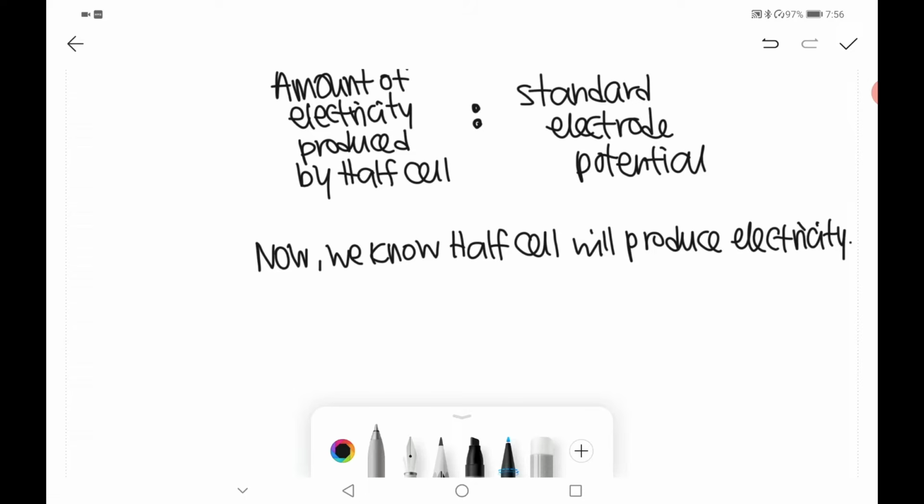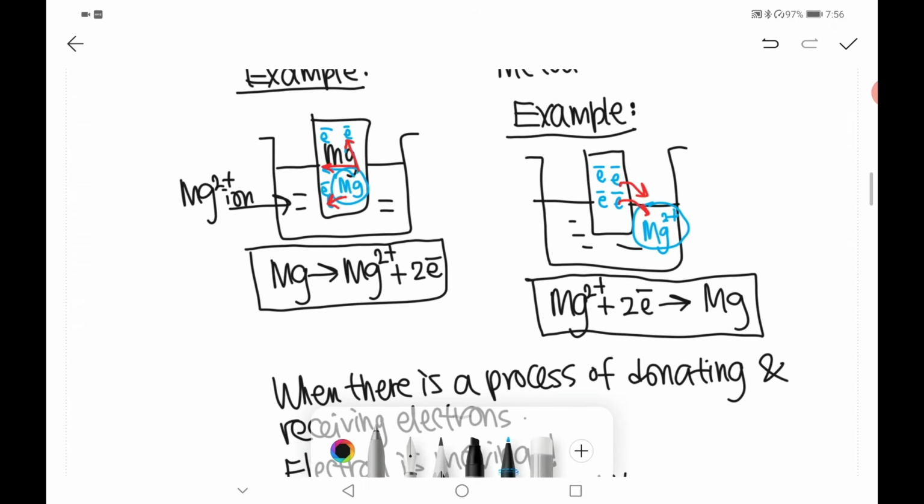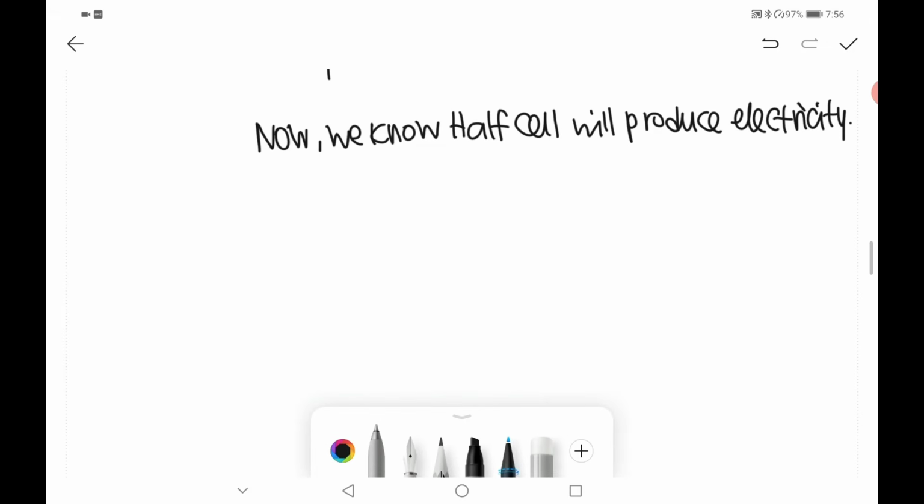But how much? Just now I showed the diagram with 7 volt, 2 volt, 11 volt. How to know how much? Just now we only know a half cell produces electricity, but how much electricity is produced?